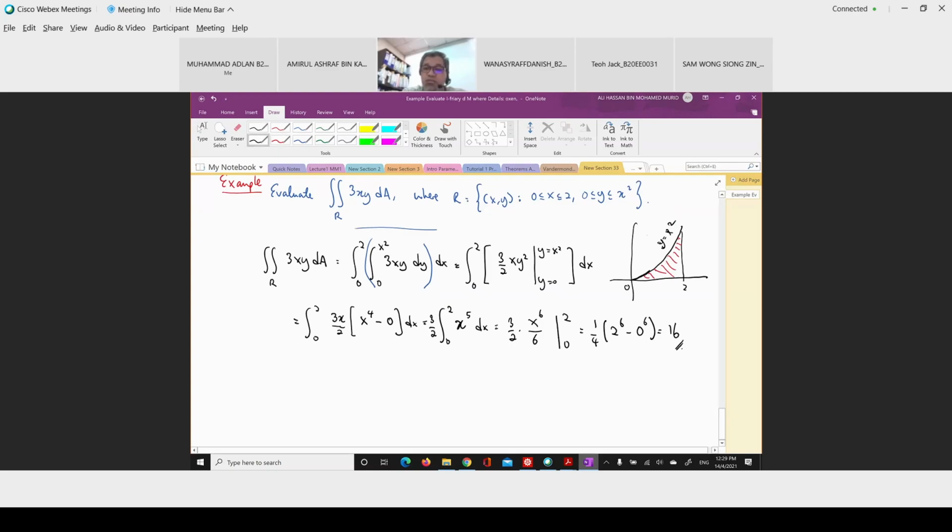This shaded region is the region R. And x equal to 2, y equal to 4. So you see here, in this region R, x is bounded between numbers 0 and 2, but y is bounded by functions: the x-axis and the parabolic curve y equal to x squared.